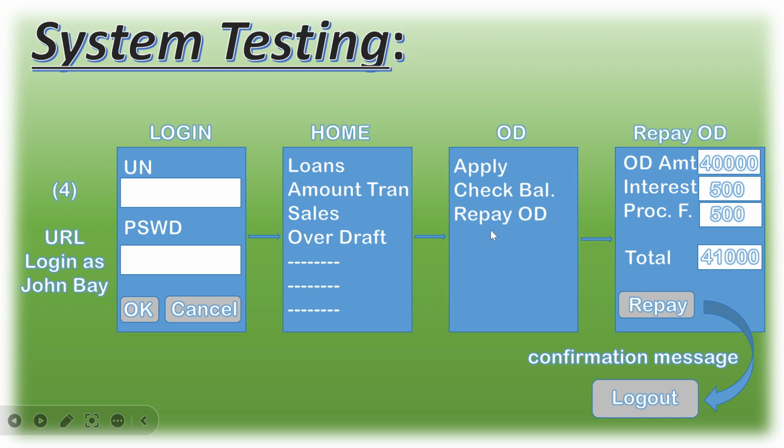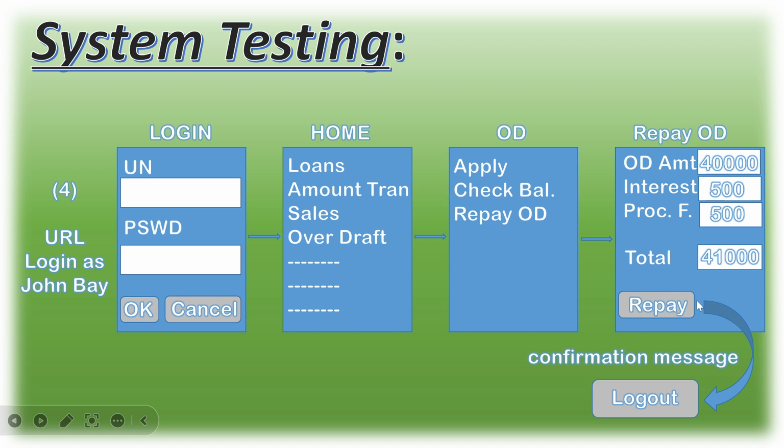Again you can click on repay OD, so it will land on the repay OD page. Here you can see the OD amount: you have taken 40,000, the interest will be 500 and the processing fee will be 500. So the total amount you have to repay is 41,000 rupees.